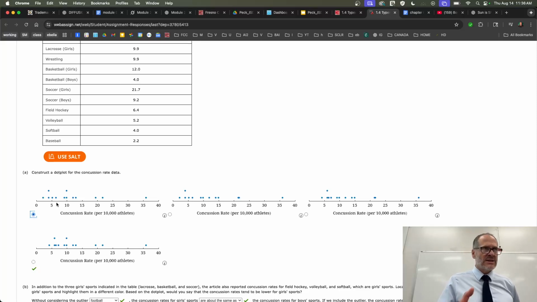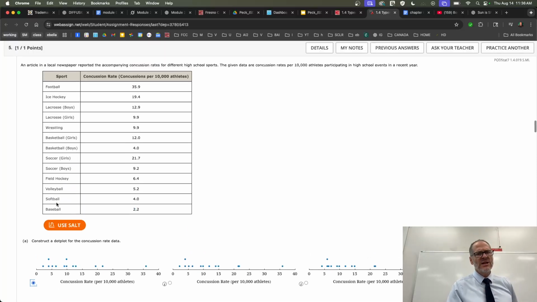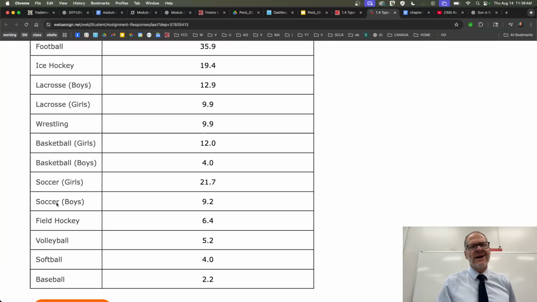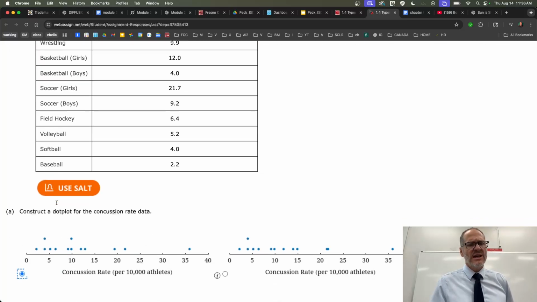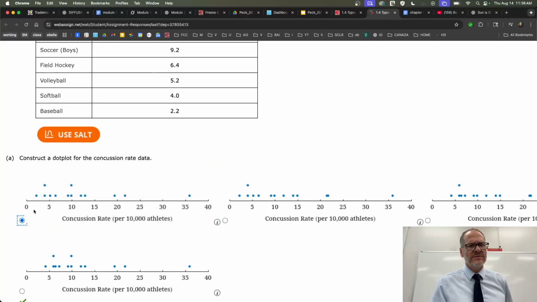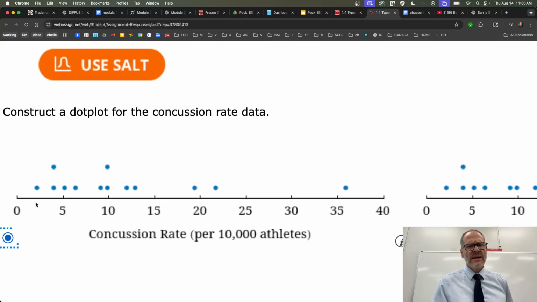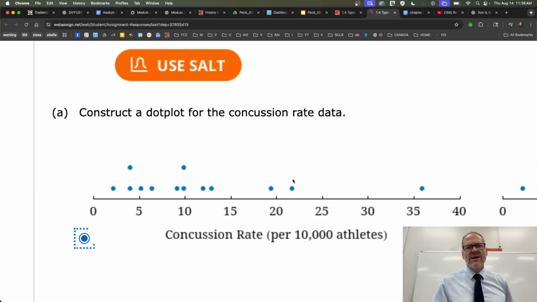So that dot plot starts to kind of show you, because when you look at this data here, you're like, I don't know. What's that mean? But if you look at it here, you're like, okay, I don't think I want my kids doing that sport, football, right?